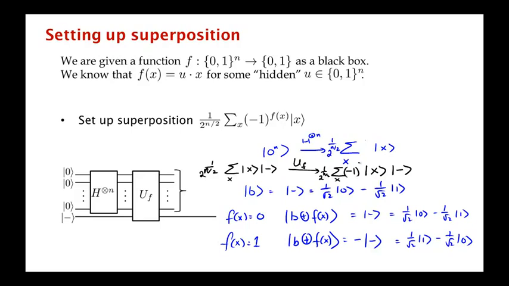So we get minus 1 to the f of x. Okay, but this is always minus, so this is always a tensor product state. And so if we look at these qubits, the first n qubits, we've got the desired phase state, which is that. And now if we do another Hadamard transform, we end up with u.